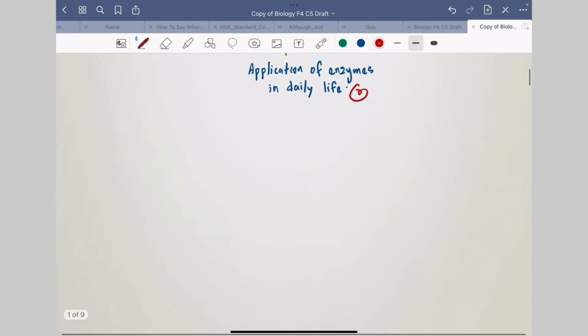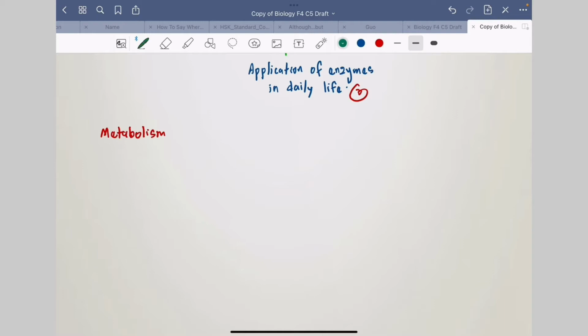Okay, metabolism. Metabolism, in a simple way, means the summation of all reactions that occur in our body.